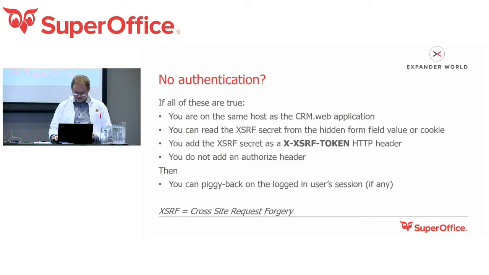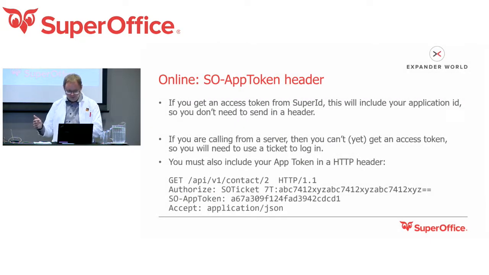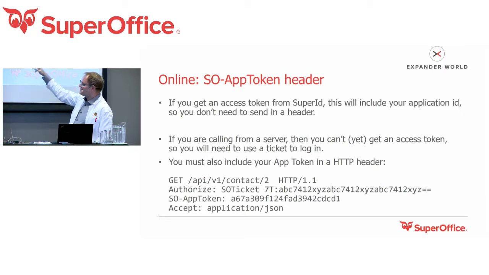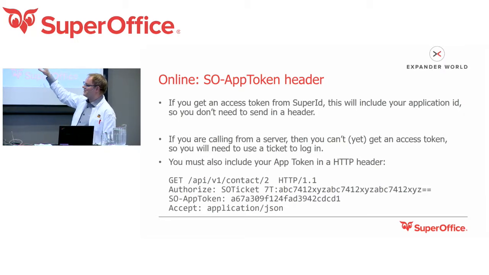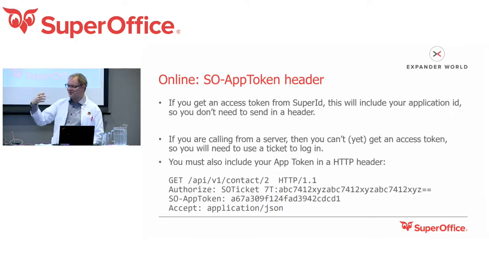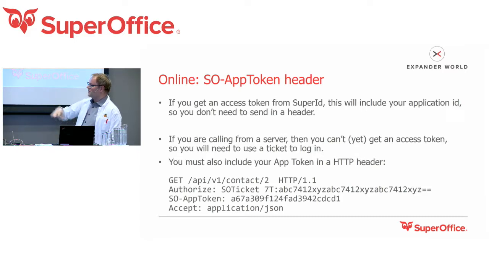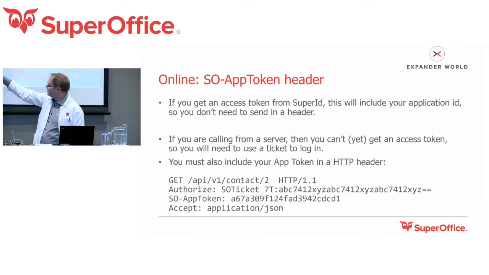So, online. If you want to talk to online and you're not going through the front channel, not going through SuperID's little redirect dance, but you want to talk from your server to the REST API, you need to use a ticket, SO ticket, and then a ticket value.